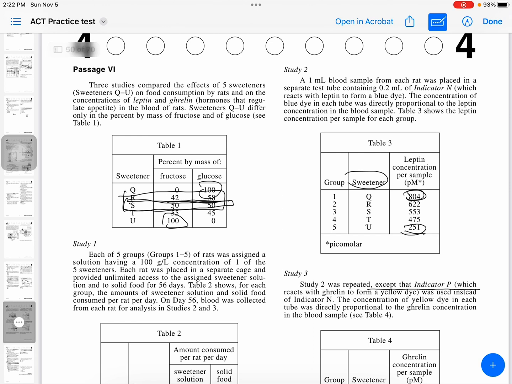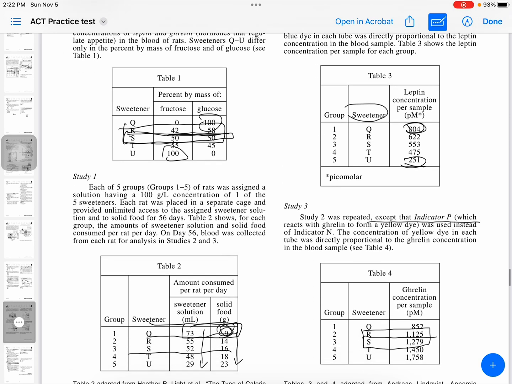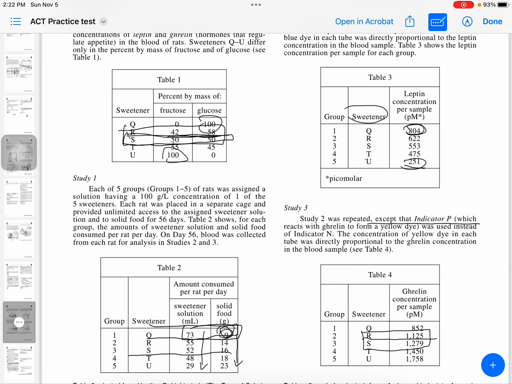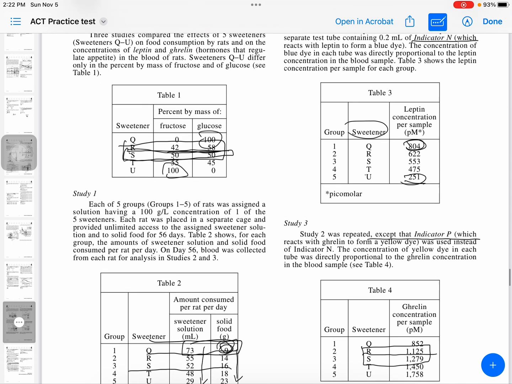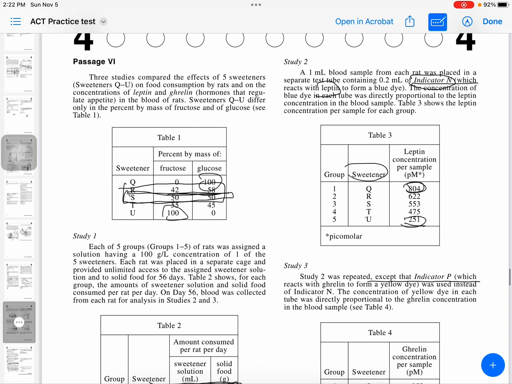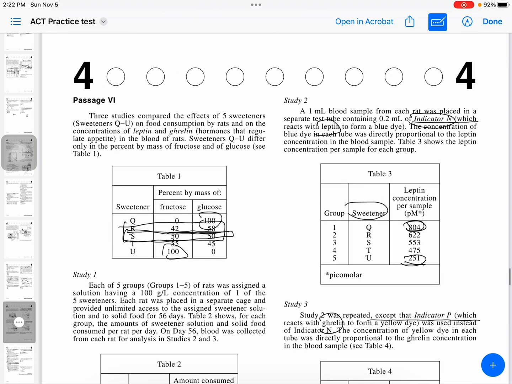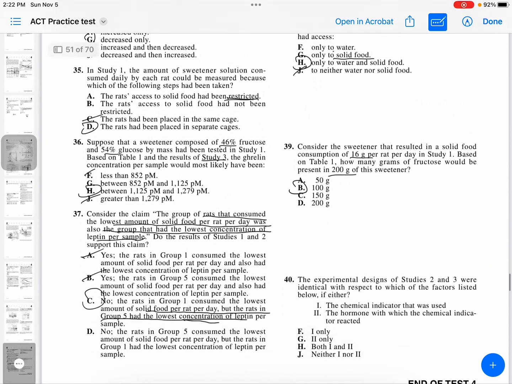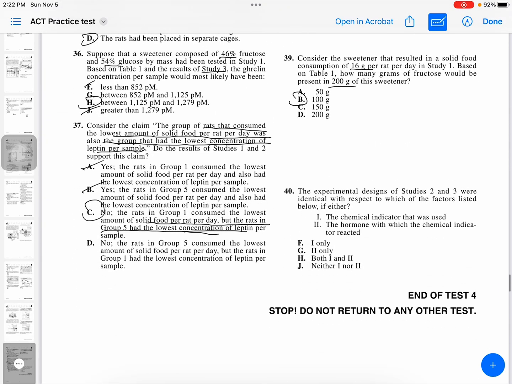Well, they use different indicators, indicator N and indicator P, and then they had different hormones, leptin and ghrelin. And I think you just have to infer that leptin and ghrelin are hormones, which requires outside knowledge.